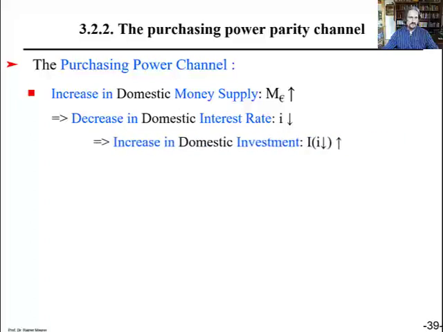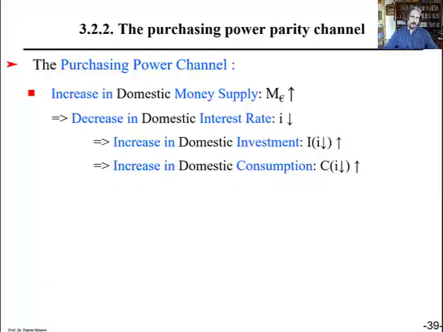For example, typically we receive an increase in domestic investment if the domestic interest rate goes down. Additionally, domestic consumption depends negatively on the interest rate. So if the interest rate goes down, domestic consumption goes up.